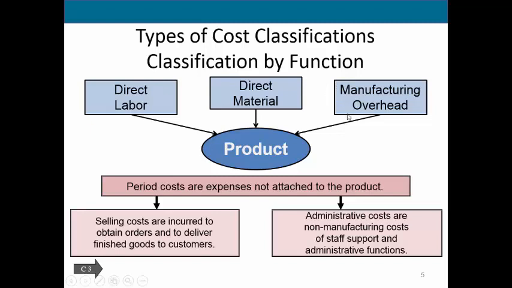So we can have indirect costs that apply to things like our selling or our salespeople or our accountants. Those costs are technically overhead costs, but they are not related to the manufacturing process. So those are not part of our product costs. The only indirect costs that are part of our product costs are those which have to do with the actual manufacturing process.